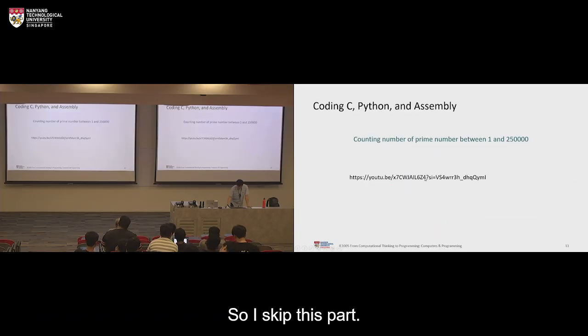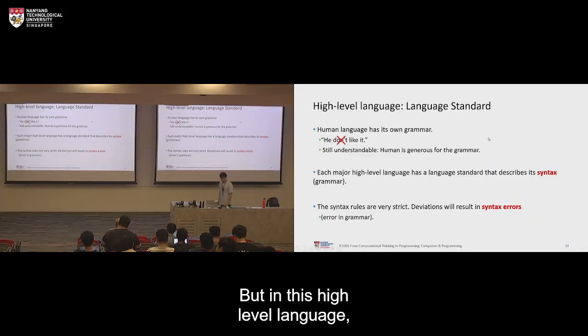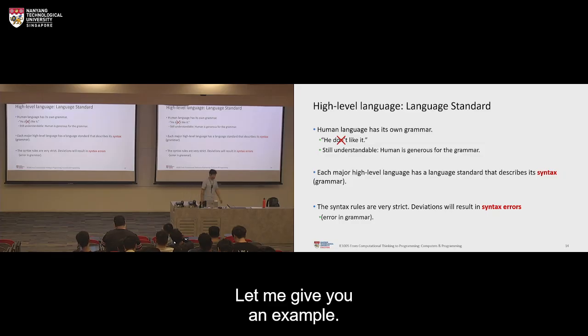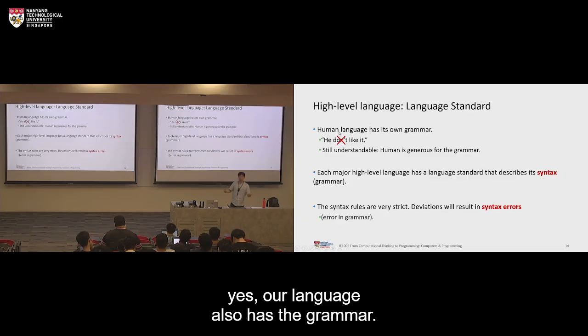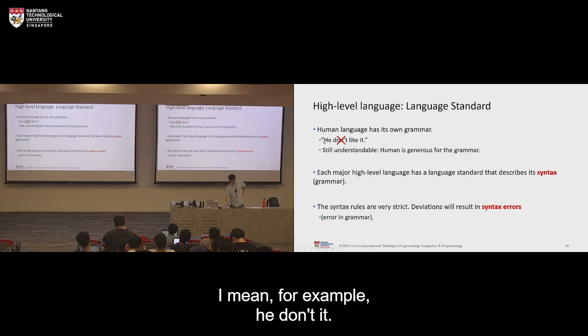Okay, but in a high-level language, the grammar is very strict. Let me give you an example. Our human language also has grammar, right? But sometimes it is very generous. For example, "he don't like it."